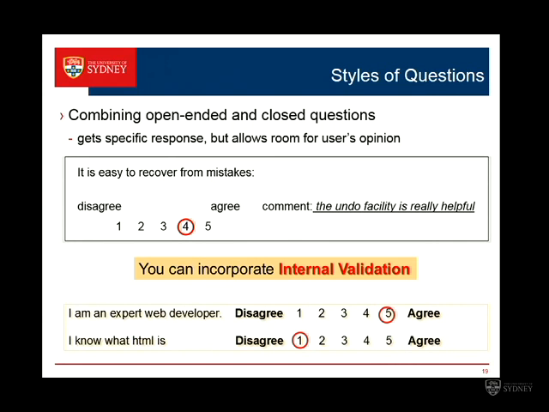If on one hand you say, yes, I'm a professional web developer, I'm very good at this, but on the other hand you say I don't know what HTML is, you will start to question whether this person is providing you the right information. One of them must be wrong, because if someone is already a web programmer, he should clearly know what HTML is. So in terms of the questions you create in an instrument, you can do this kind of internal validation, consistency checking, to see whether people are trying to muck around with the questions.